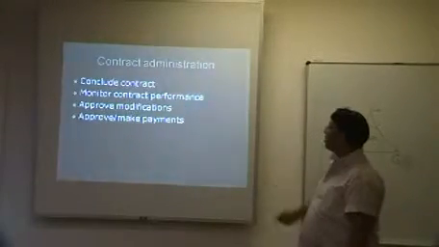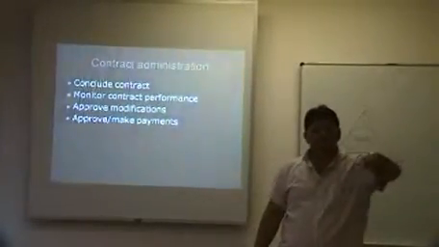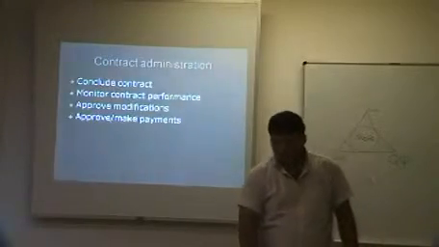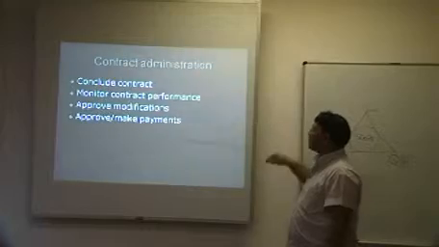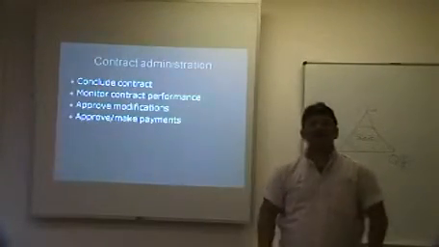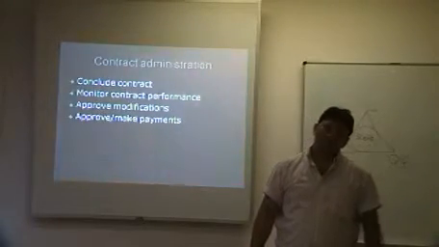The contract is now being monitored in terms of performance, in terms of the conditions and the criteria as per the contractual agreement. And the other thing that happens there is approved modifications. Now, approved modification is very much like your scope change management process.